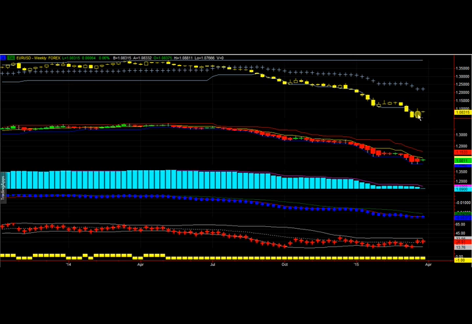Again, these are our markers. We would need to exceed this big candlestick here, either on the upside or the downside, to have any power and meaningful further movement. Otherwise, we're just going to trade within that band and within that range.